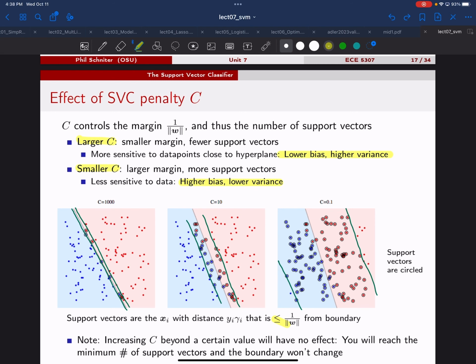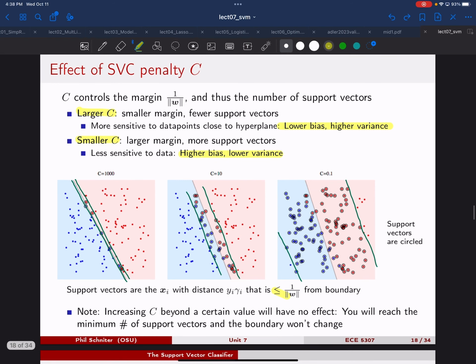Okay, another small comment is, generally speaking, as you increase C, you see that there's fewer and fewer support vectors. The support vectors are the ones that we use to determine the boundary. So there's fewer and fewer, but at some point, you're going to find the minimum amount of support vectors possible, and even if you increase C larger and larger, nothing will change.